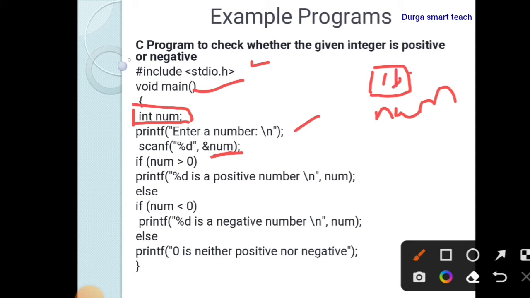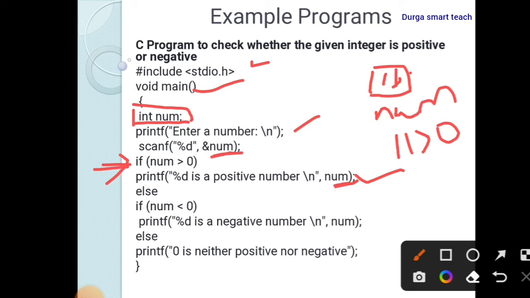Then it checks the if condition: if num, so here num is containing 11, greater than 0. Is it true? 11 greater than 0? Yes. So it prints %d, that means the number, 11 is a positive number.